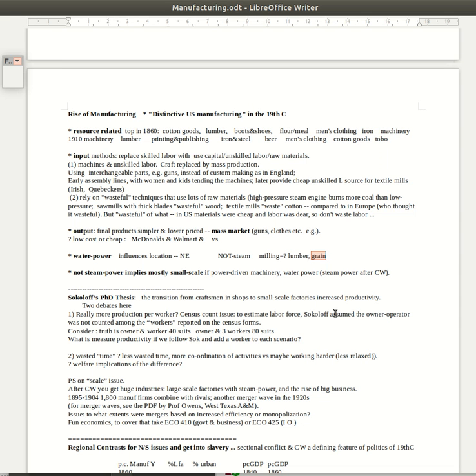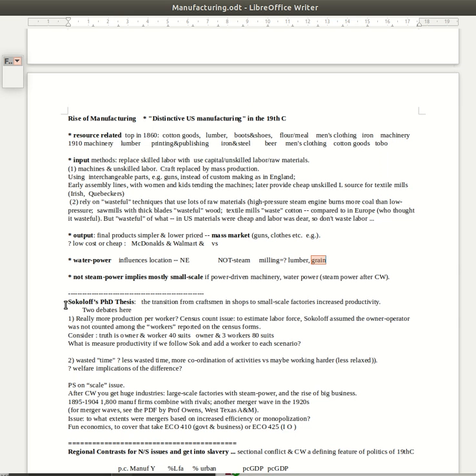Now, the final point to note in terms of the distinctiveness of U.S. manufacturing is with reference to the small scale. We've got Ken Sokoloff's PhD thesis. In this thesis, Sokoloff argues that the transition from craftsmen in shops to small-scale factories increased productivity.